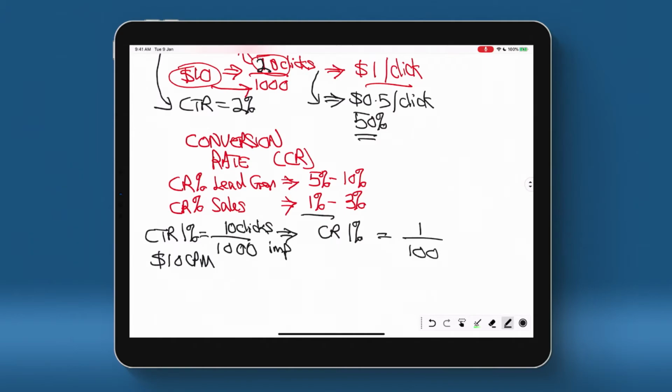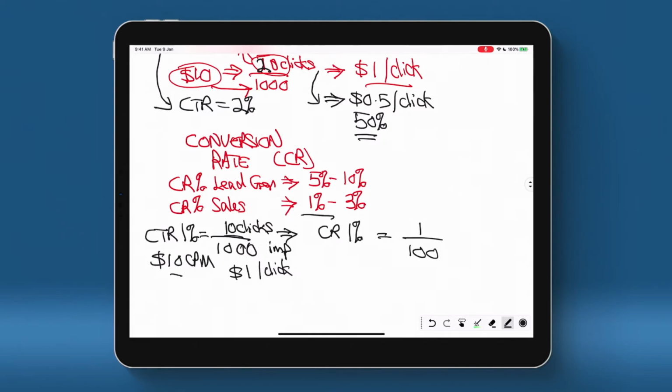And we know that $10 buys you 10 clicks. So cost per click equals $1 per click, assuming CTR of 1%. I hope you can follow me, yeah? So it costs me $1 per click.